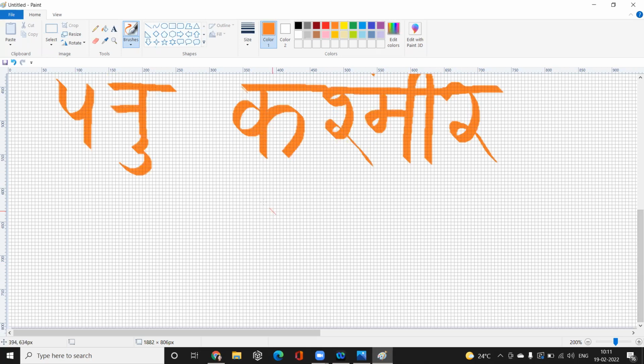When I write this word in Sharda, Ka would be written as it is, full and complete.